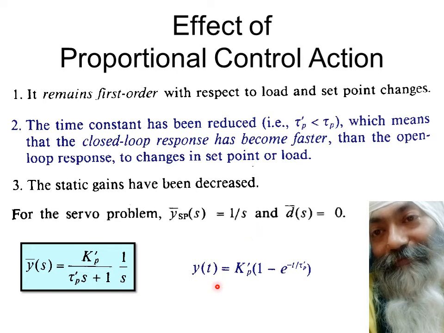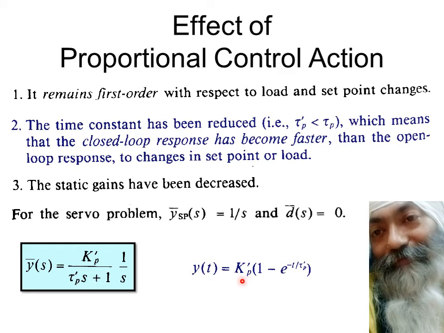But what do I get? From this equation, the final value is when I take t equal to infinity. When t is equal to infinity, then e to the power minus t upon tau dash p, this term will become 0. But when this term becomes 0, what I find is that y(t), which I was expecting to be 1, is not 1.